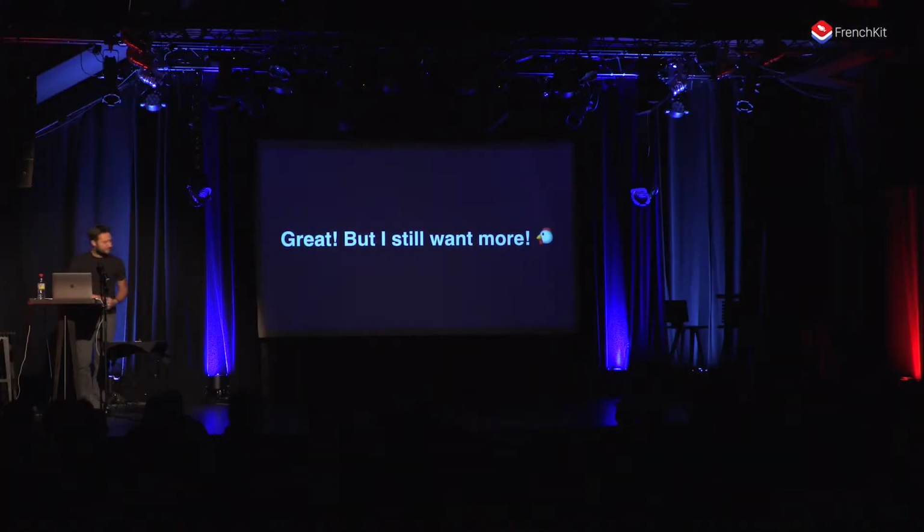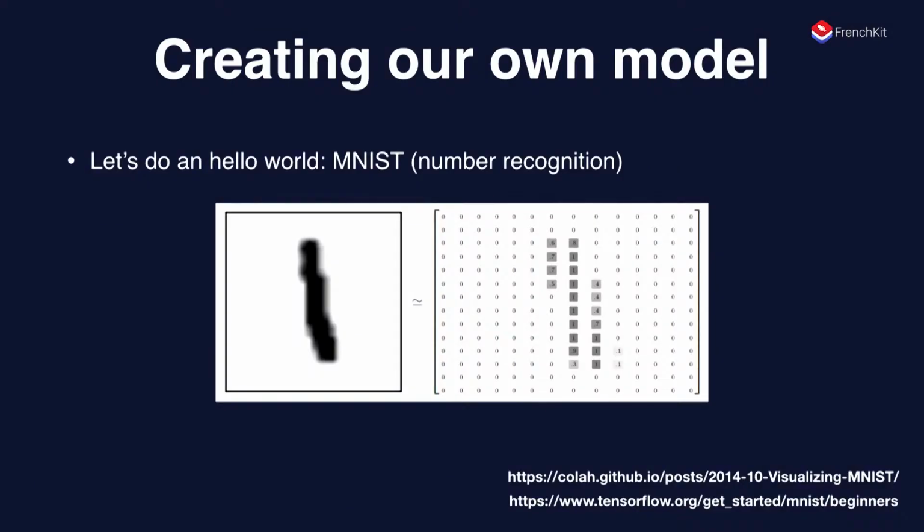But you probably still want more. So what I'm proposing to you now is to create our own model. In computer science, we start with a hello world. So let's do the hello world of machine learning, which is MNIST. MNIST is just number recognition.